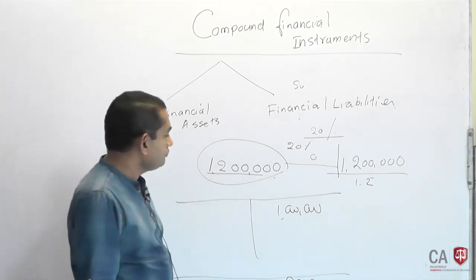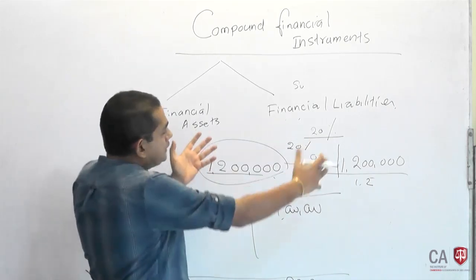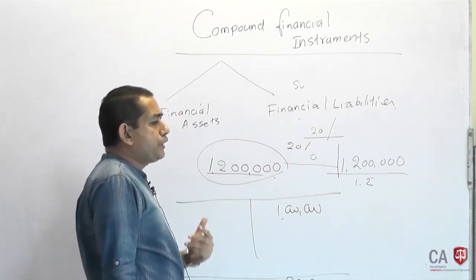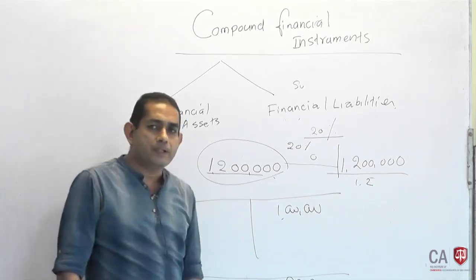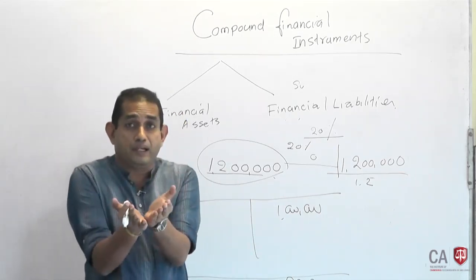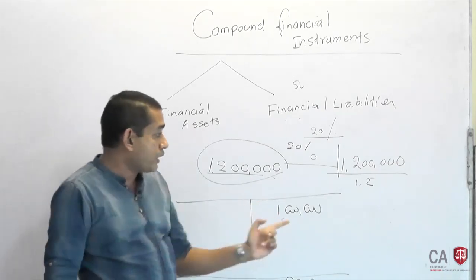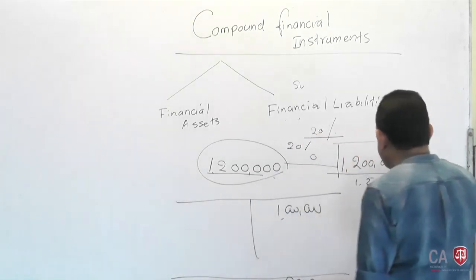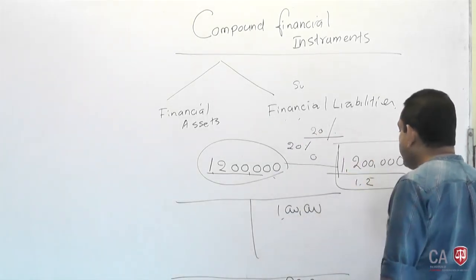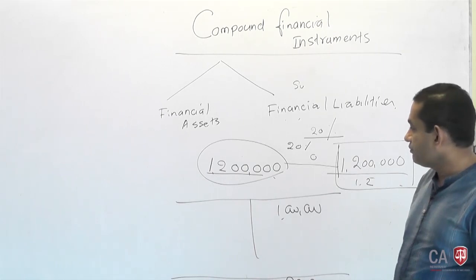Technically, the transaction is not arm's length and the fair value is missing. How do we calculate the fair value? This is what you need to write in the answer, not the previous one. To find out the fair value, future cash flows are discounted by the market interest rate.